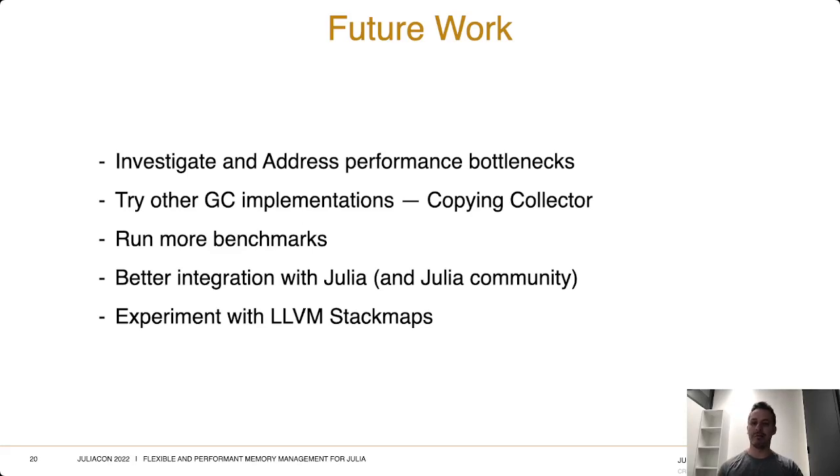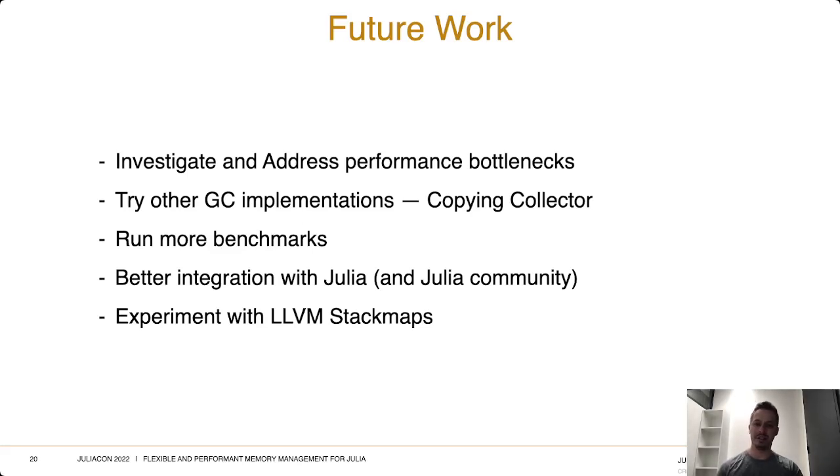Well, now that we have a fully functioning implementation of the MMTK Julia binding, we can start experimenting with it. And like I said in the beginning, one of the good things about MMTK is that it should be easier to perform experiments and try things out. So for future work, we have a few things that we are looking forward to trying. For instance, looking at the performance benchmarks themselves and trying to investigate and address the bottlenecks.